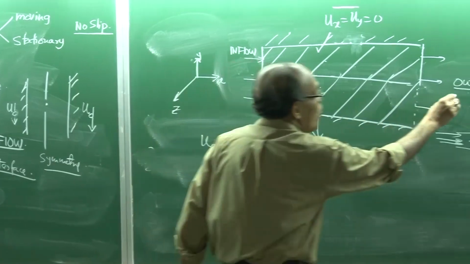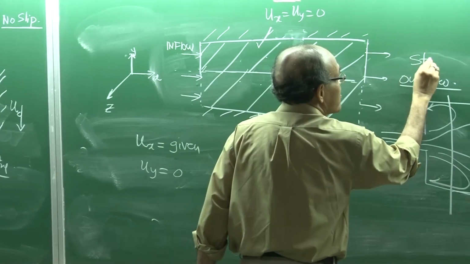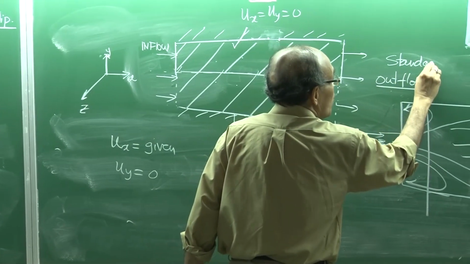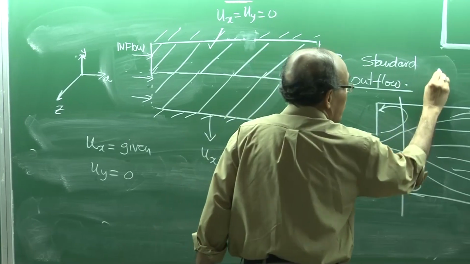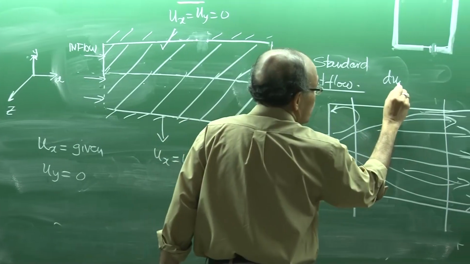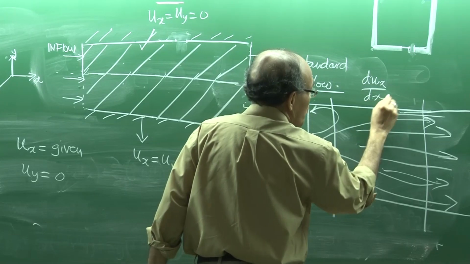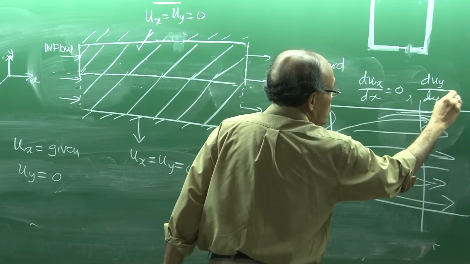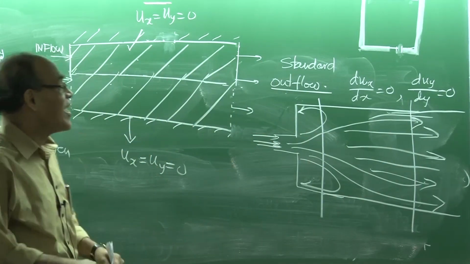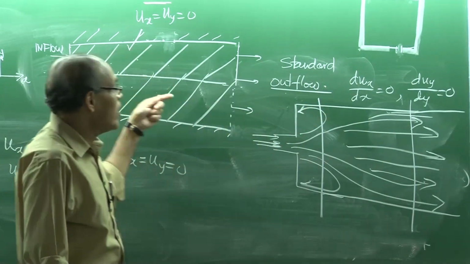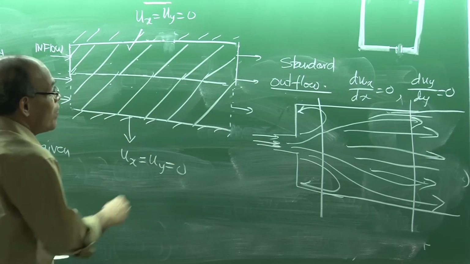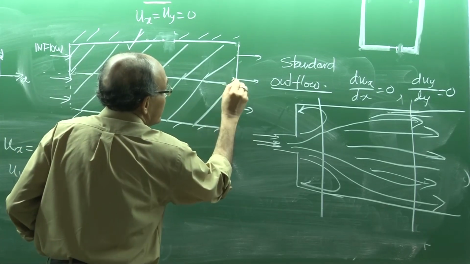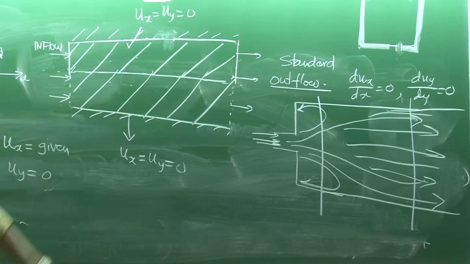And then for the outflow, I will apply the standard outflow boundary condition, which essentially means that dux/dx is equal to 0 and duy/dy is equal to 0. There is no gradient of x and y along the x direction. So whatever is the value immediately adjacent, the same is the value at the interface. That was the meaning of the boundary.